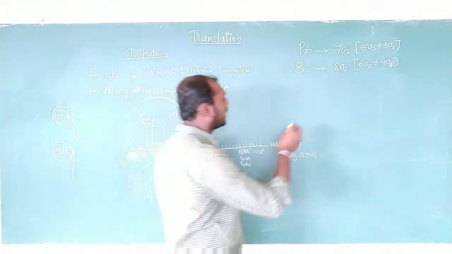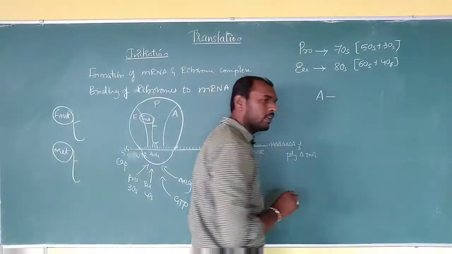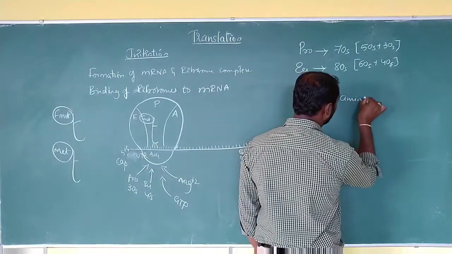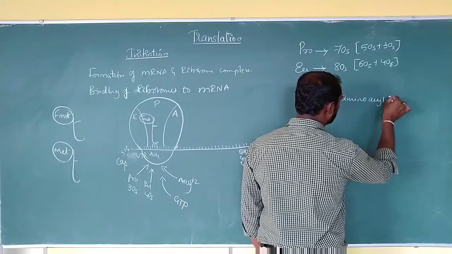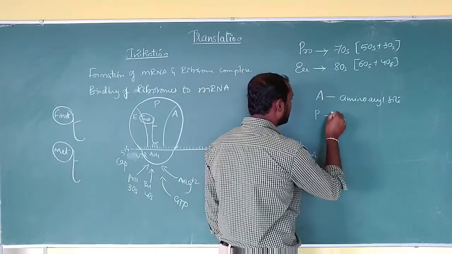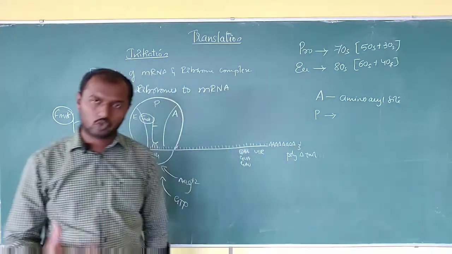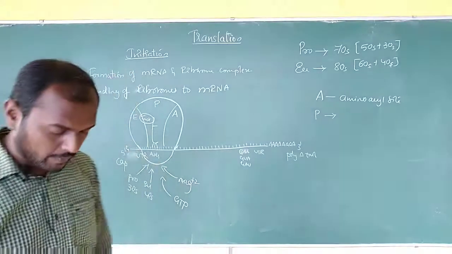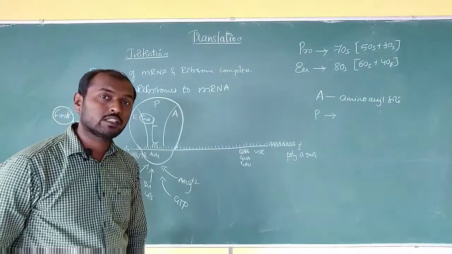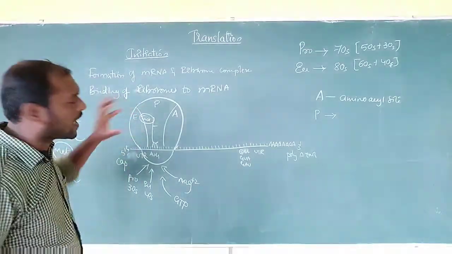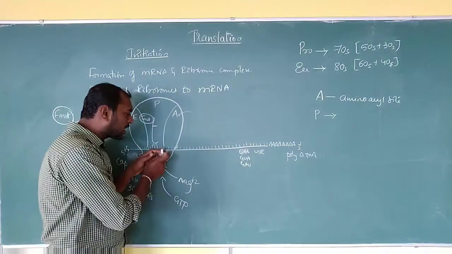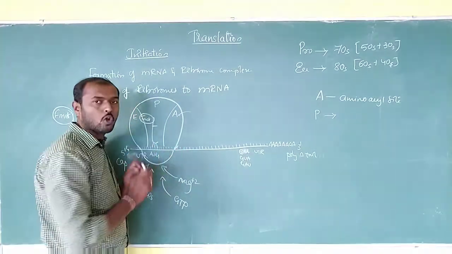Site A is commonly called the aminoacyl site. First, let us learn about the aminoacyl site. The aminoacyl site is where the amino acid containing tRNA is going to enter first, to their respective codons.